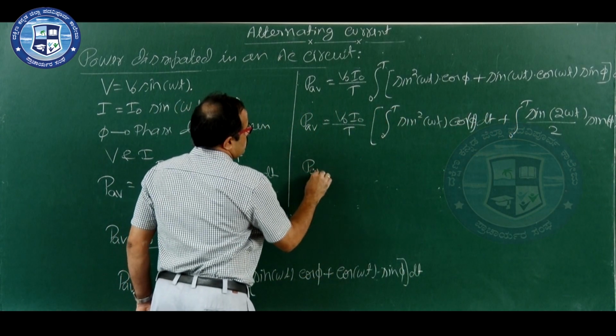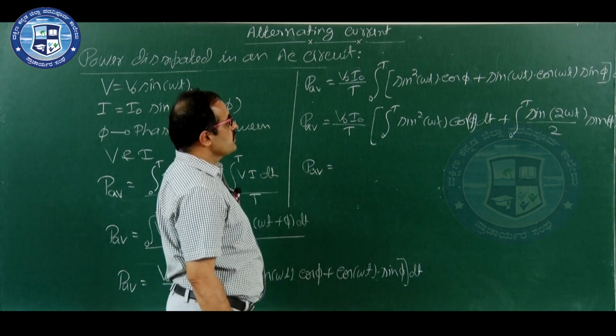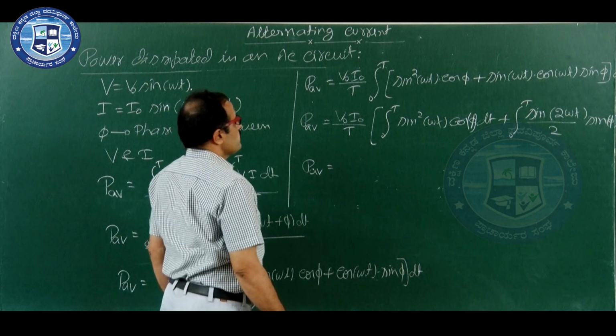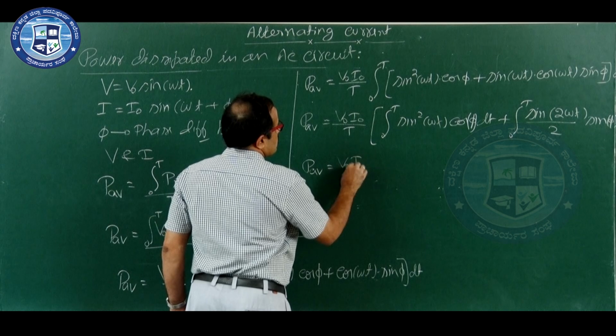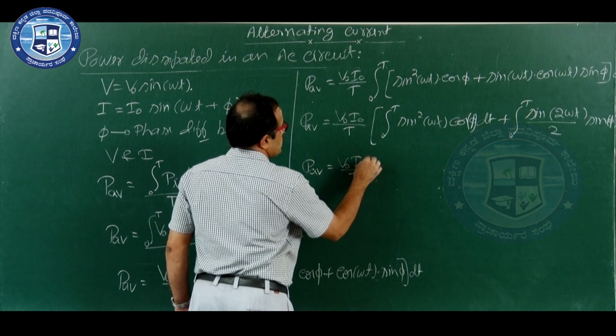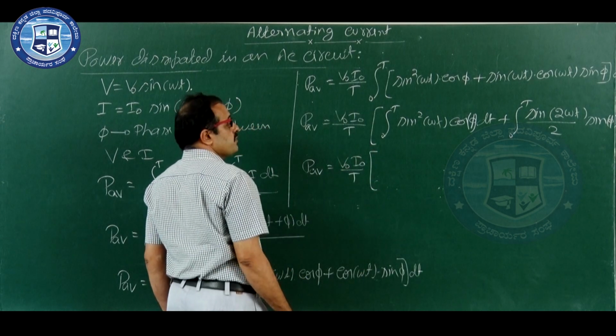P average equal to V naught I naught by T square bracket.